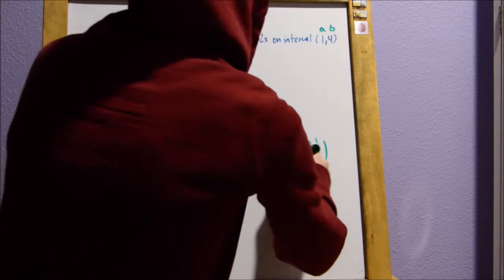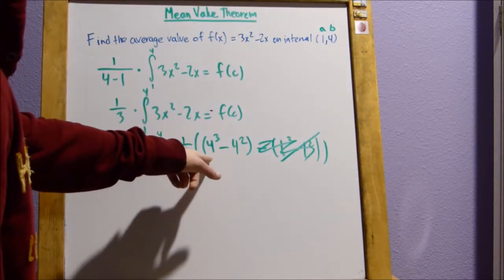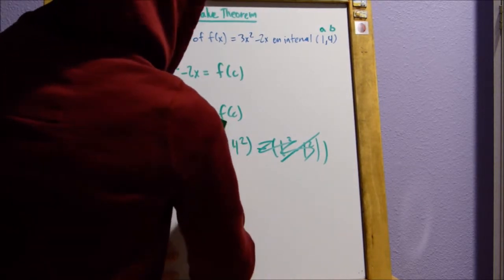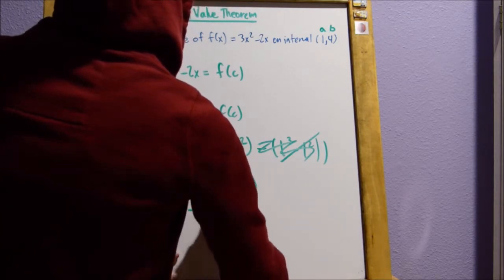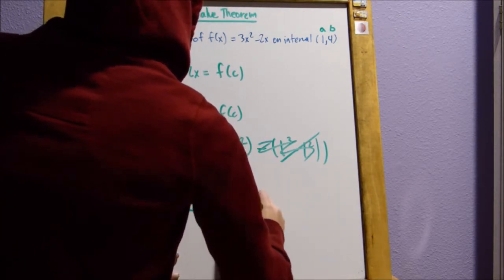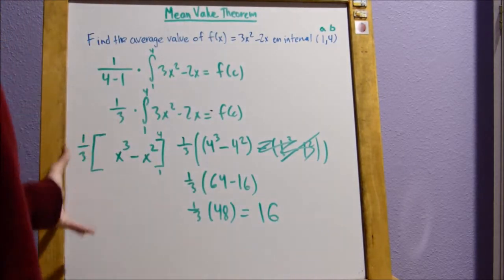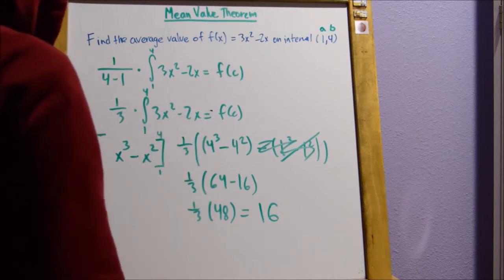So 1 minus 1 is 0. This is gone. 4 cubed minus 4 squared, 1/3 times, this is 64 and this is 16. 1/3 times 48. So this number is 16. So this perfect height occurs when y equals 16.